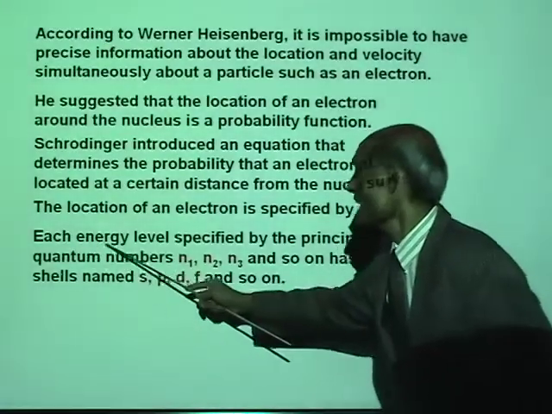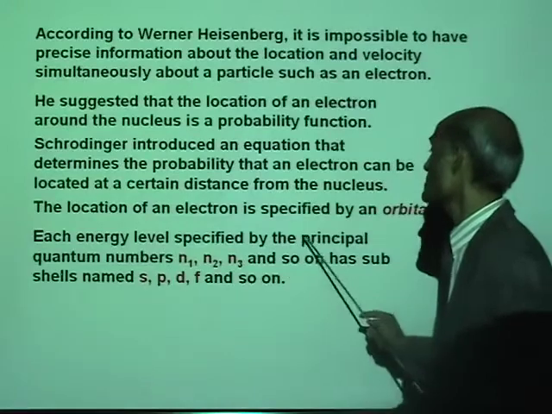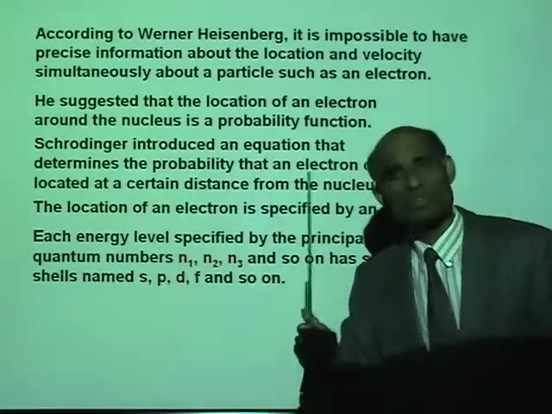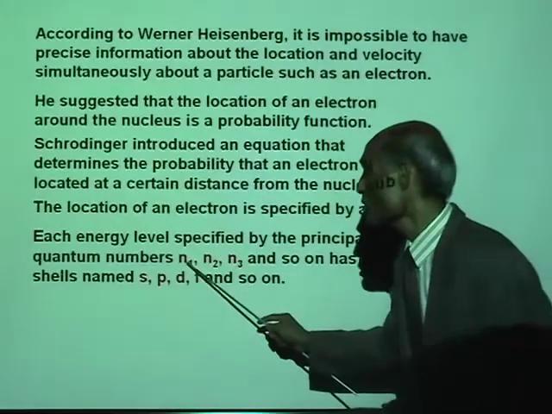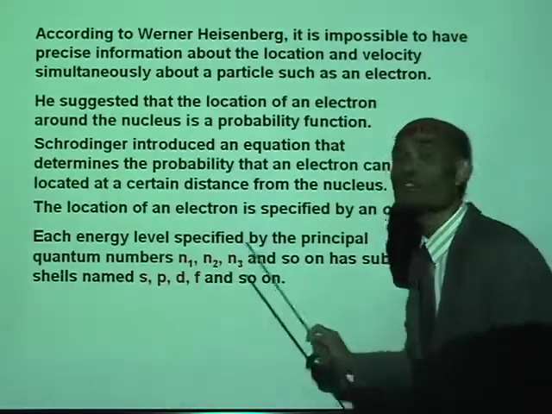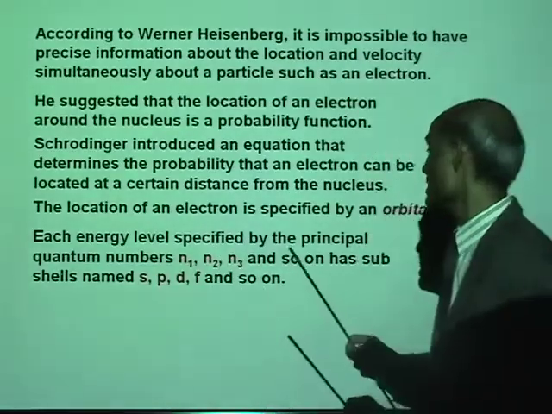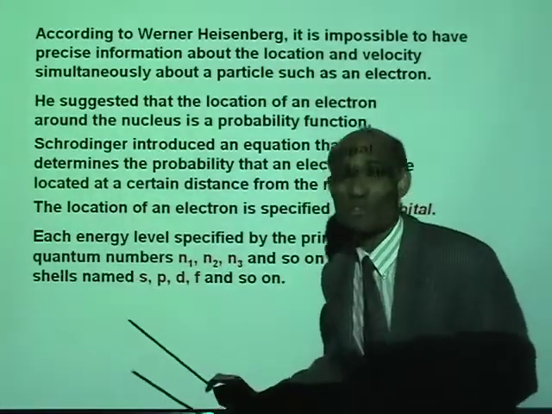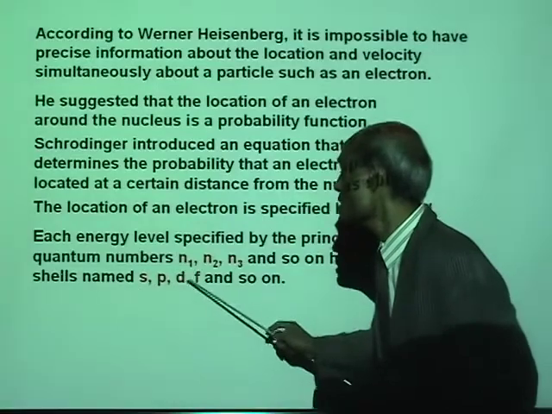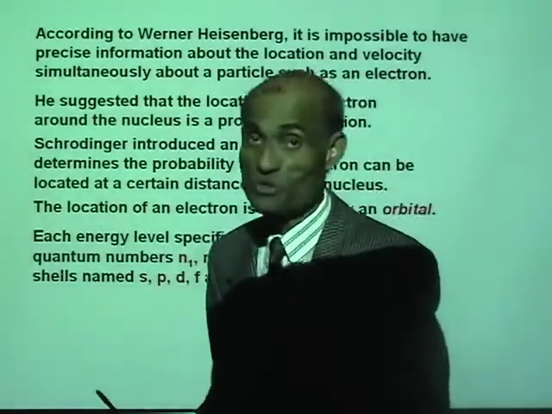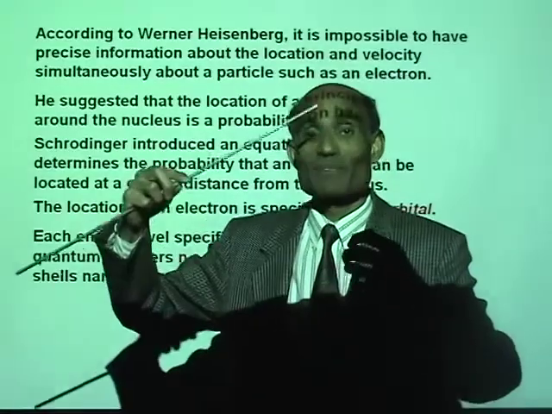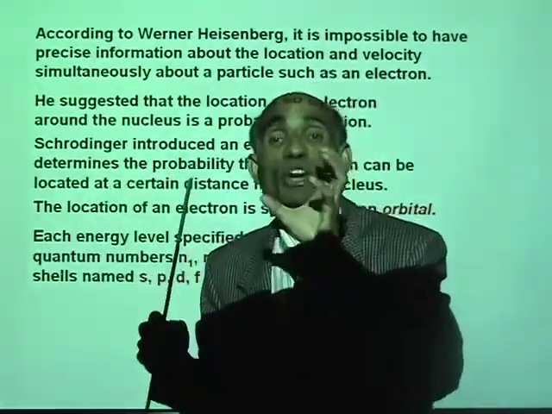Now, each energy level is specified by the principal quantum numbers. I actually told you that before. And they are your n=1, n=2, n=3 as Niels Bohr suggested. And each of these has subshells, S, P, D, F, and so on. So, Niels Bohr's orbit is no longer a single orbit.